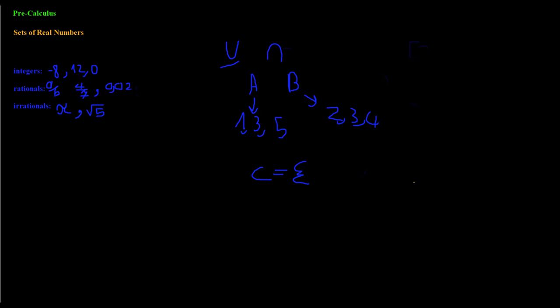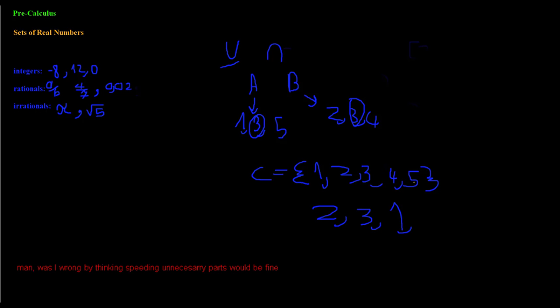You wouldn't have 6 elements, but you would have 5 elements. And that would be the union of A and B, because you cannot have 2 threes in one set. That would be very meaningless, and changing the positions of the elements of a set wouldn't change anything as well. So the set 2, 3, 1, 4, 5 would also be equal to the set C.